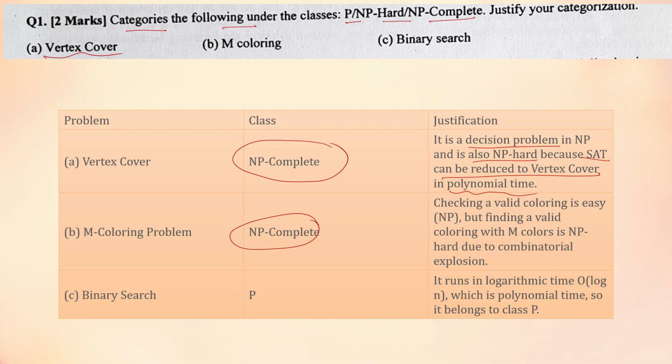Checking if a coloring is valid is easy, but finding a valid coloring with M colors is NP hard due to combinatorial explosion, because there could be n number of combinations that we can test. Binary search runs in logarithmic time, which is polynomial time. So basically class P.